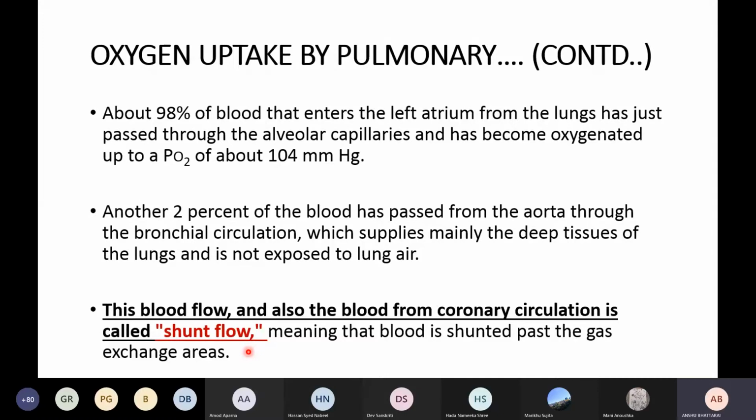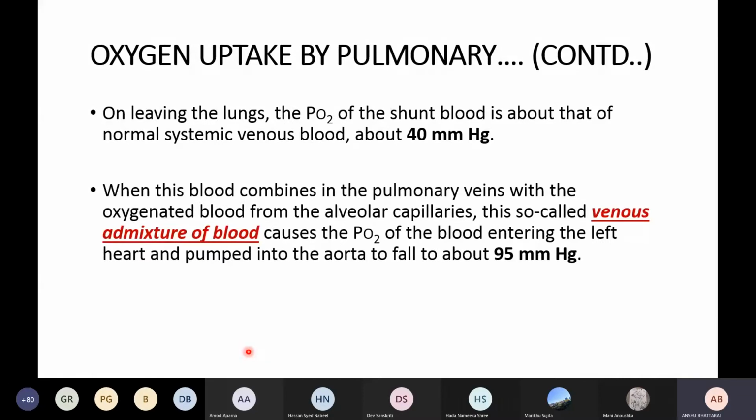And what does it consist of? It consists of the bronchial circulation and the blood from the coronary circulation, right? And because this blood does not get oxygenated, it goes and mixes directly with the oxygenated blood. Okay, this is known as venous admixture of blood. So I talked about how oxygenation was taking place, how oxygen was moving along its pressure gradient, right?